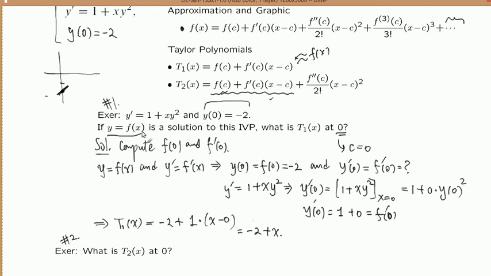This is what's given. y prime equals 1 plus x times y squared. y of 0 is negative 2. Can I compute y double prime, right?